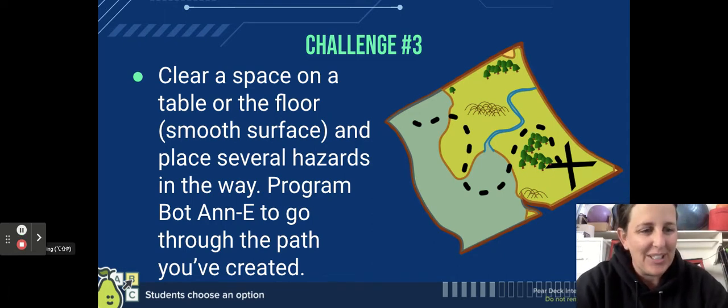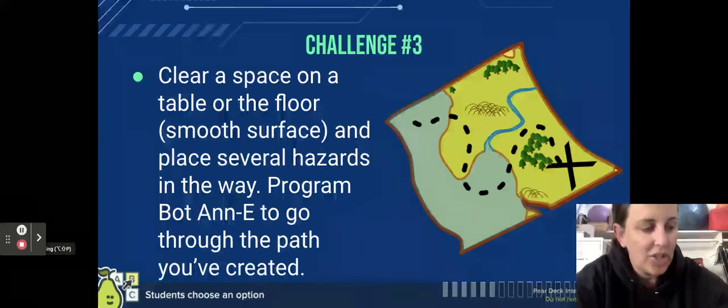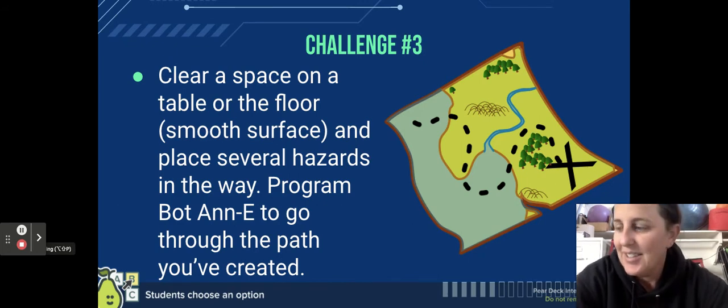Sorry for the interruption. Okay, so I'll give you a couple minutes here to work on your 3rd challenge. Remember, you can make this as simple or as complex as you'd like.